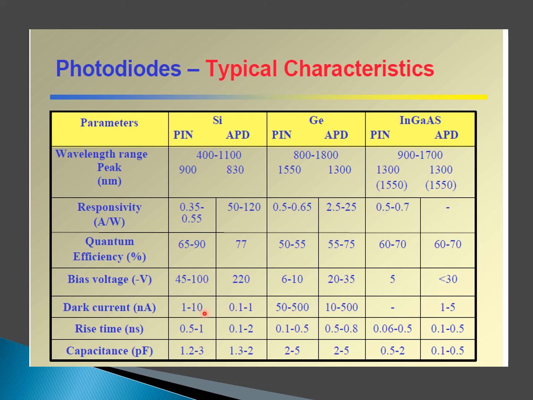The dark current produced is different in PIN and APD, and these are the rise time values and also the capacitance values.